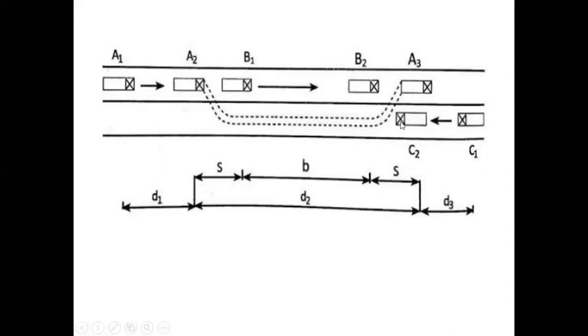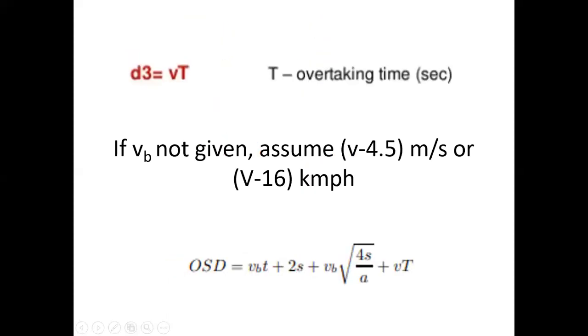The speed of this vehicle will be the design speed, small v or capital V. And the time won't be the reaction time, because during the overtaking operation vehicle C is coming from the opposite direction, therefore the time taken will be the overtaking time. That's all the difference.